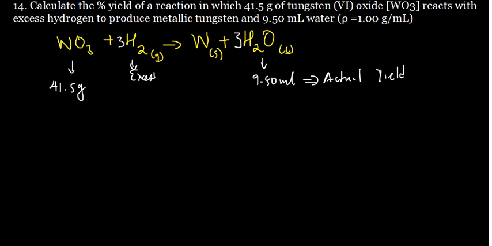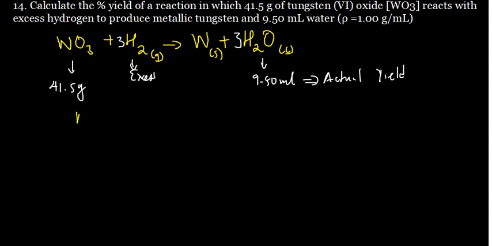Now we also want to calculate the theoretical yield. For us to be able to calculate the percentage yield of a reaction, you look at the product. The volume of the product given is of water. So I'm supposed to also calculate the theoretical yield of water, and then I can determine what the percentage yield is going to be.